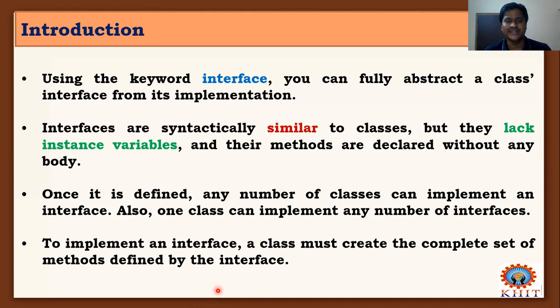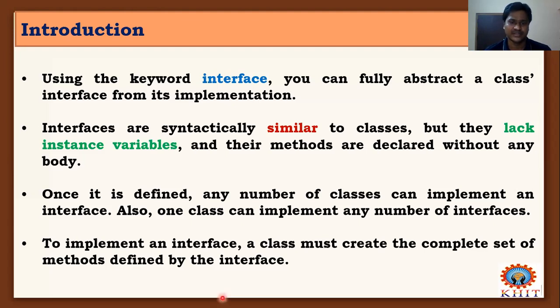Next one. To implement an interface, a class must create the complete set of methods defined by the interface. Whenever an interface is already defined and some other class wants to implement it, classes are extended for inheritance among classes, but with interfaces, classes implement the interfaces for achieving inheritance.